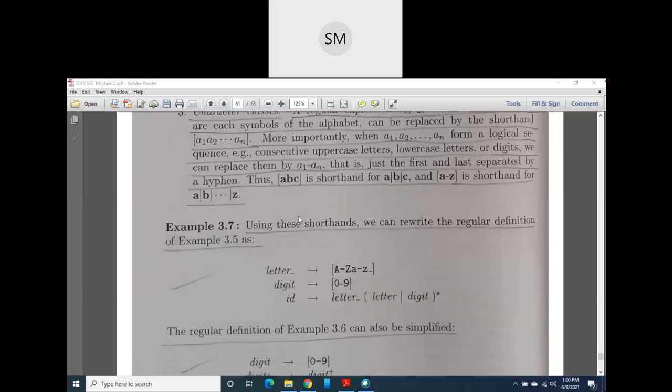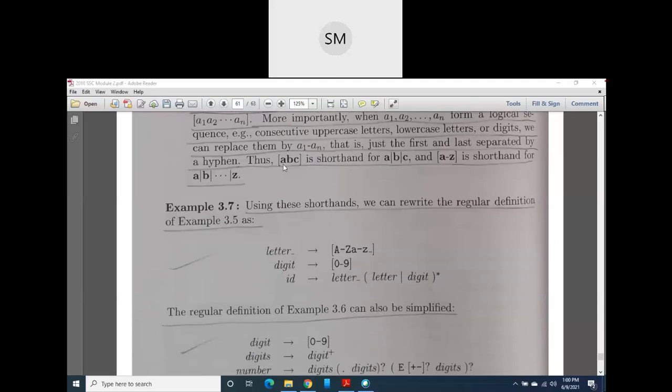So for example, if you write your regular expression like this in square brackets as A, B, C, its expanded form is A or B or C. Instead of writing the pipeline A or B or C, you can write it in this form.